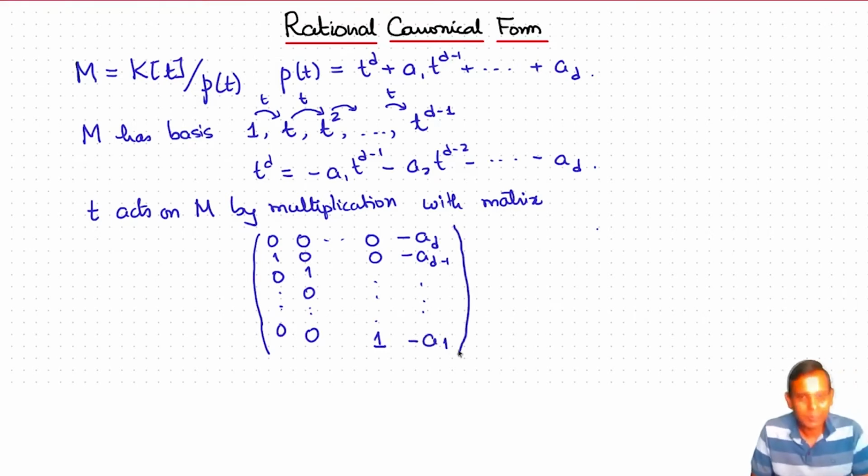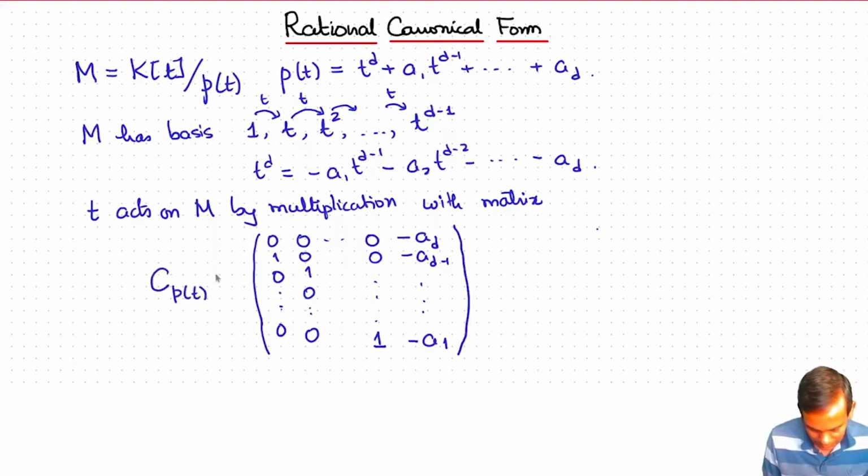Okay, so what we have seen is that in the module K[T] mod P(T), there is a basis with respect to which multiplication by T is the same as multiplication by this matrix. This matrix, by the way, is called the companion matrix of P. So C(P(T)) is defined to be this matrix.